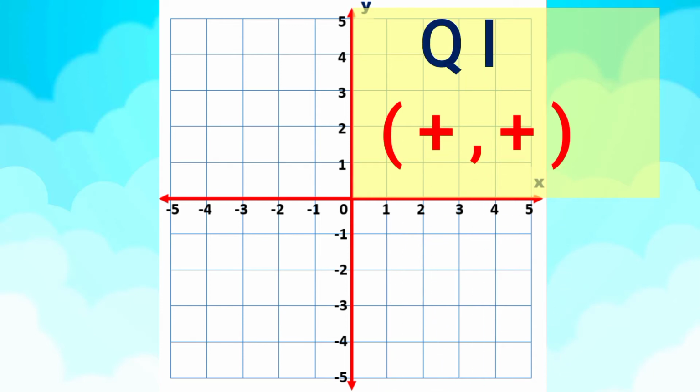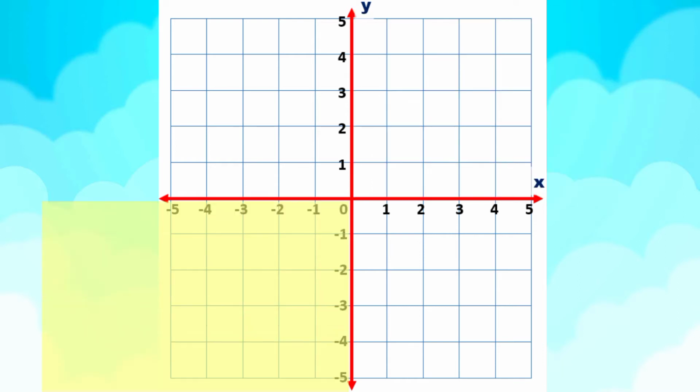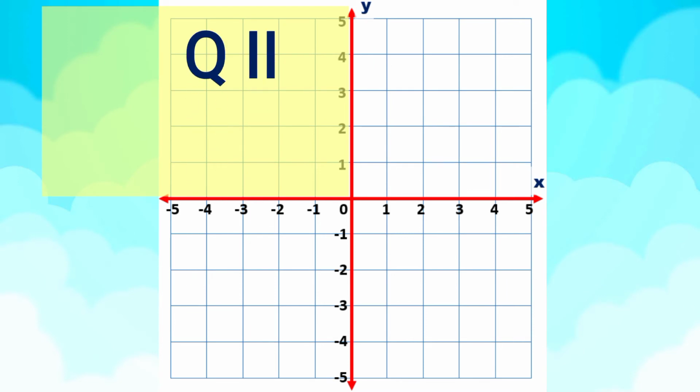On the first quadrant, all points or all coordinates have positive signs: positive x coordinate and positive y coordinate. In quadrant 2, we have negative, positive.